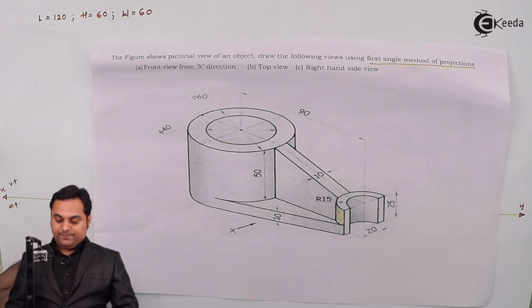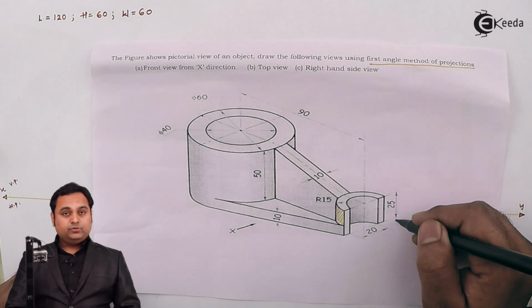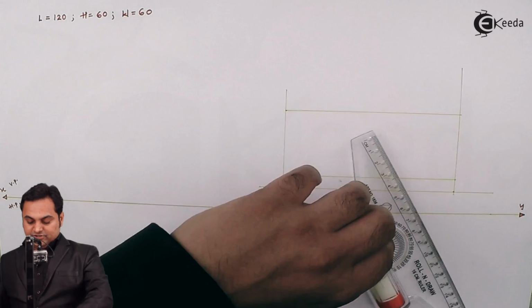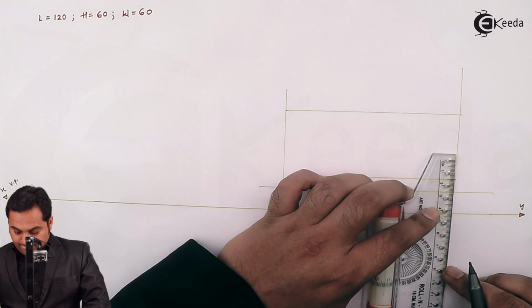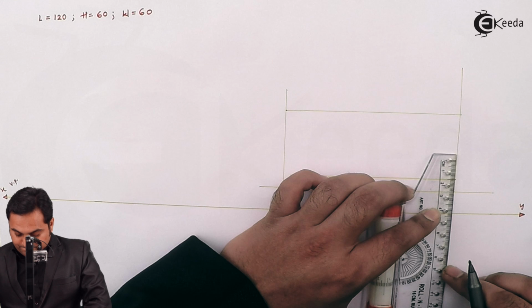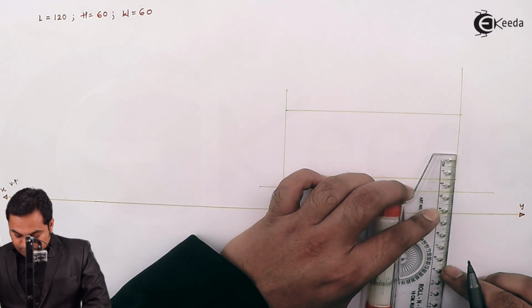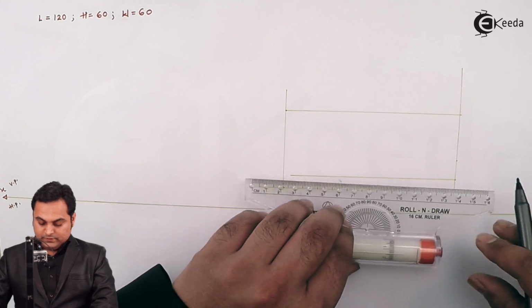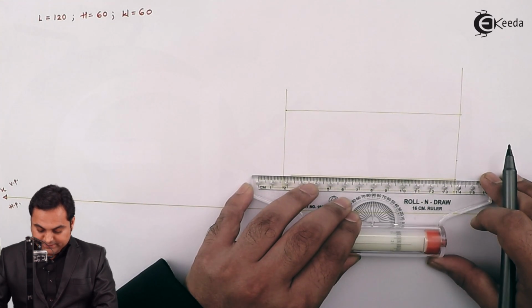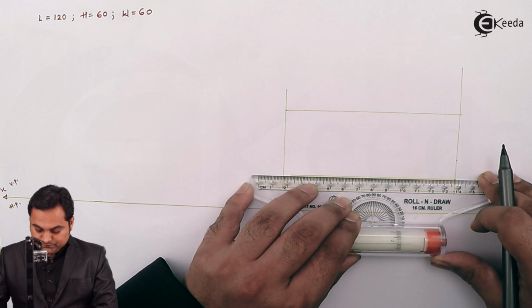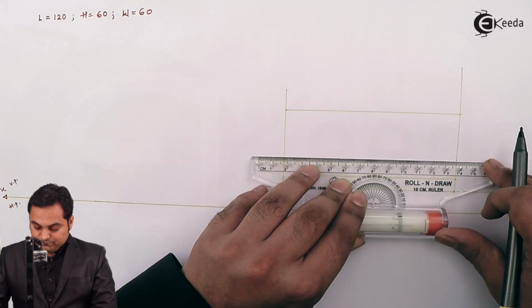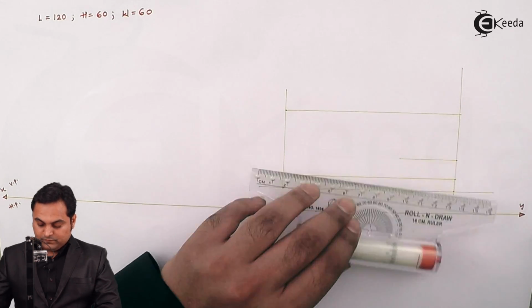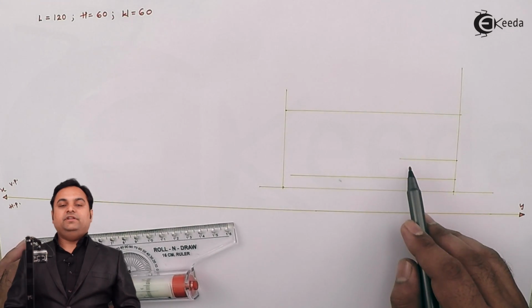So the next step will be, here the total height is 25, so I'll measure 25 mm. Then draw a light horizontal line, and over this I'll mark the length.